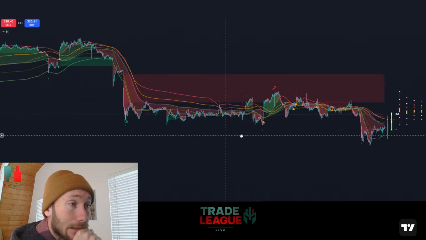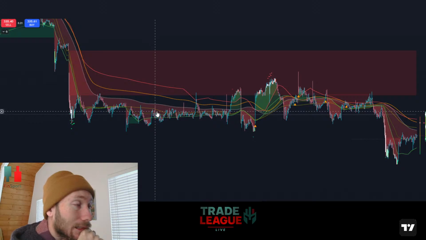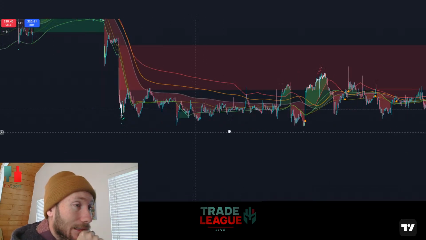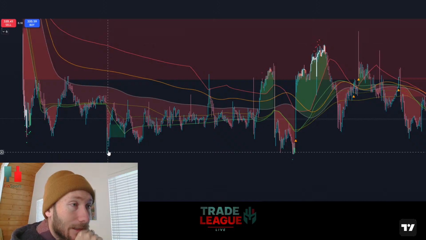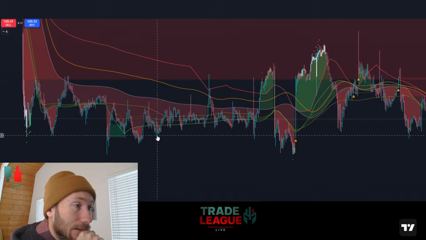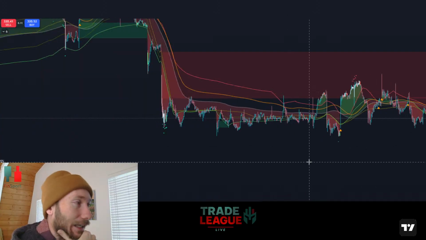I mean, look at this. When it's ranging, if you can catch it in a compression period, look at these swings. This happens all the time. 321, 328, 322, 328. You got a bottom here, 324, 331. The swings on it are nice.